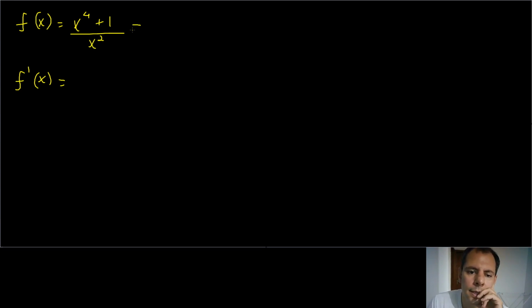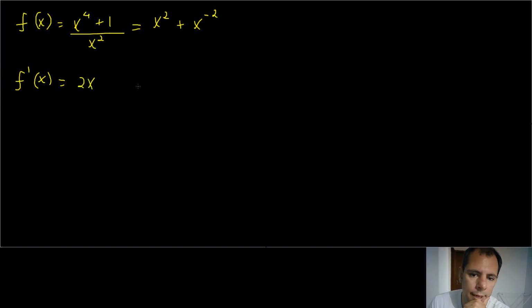But instead of doing that, I'm just going to divide the whole thing. So this equals x squared plus 1 divided by x squared, or plus x to the minus 2. Now differentiate it.